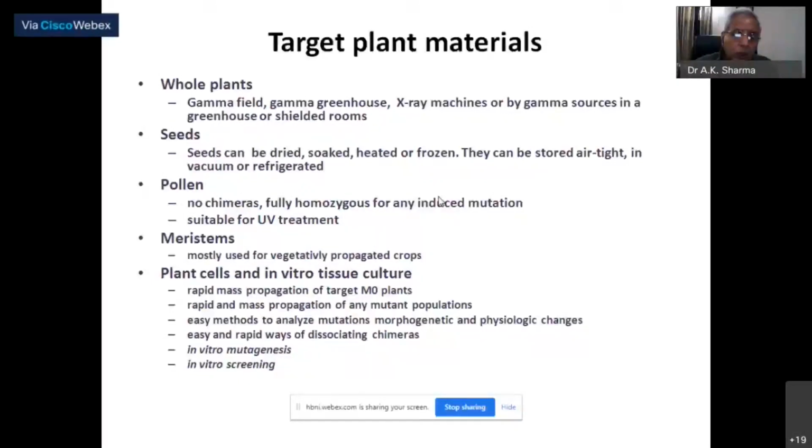And you can also do in vitro screening of this, so you don't have to actually go to the field for testing the mutants. Of course, later on you can go to fields. For example, we have tissue culture banana, and after growing them in the greenhouse, they are ultimately put in the field. So tissue culture plant cells, suspensions, and tissues can be exposed to radiation as a target material.